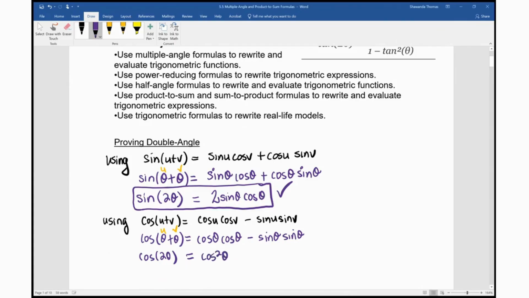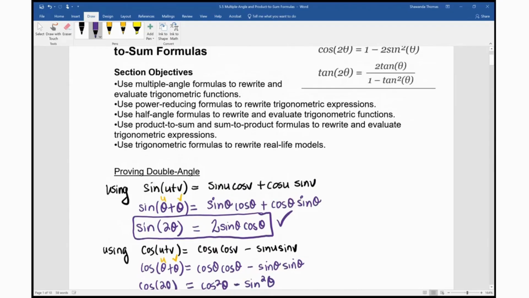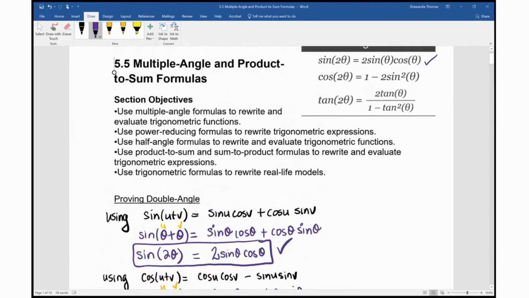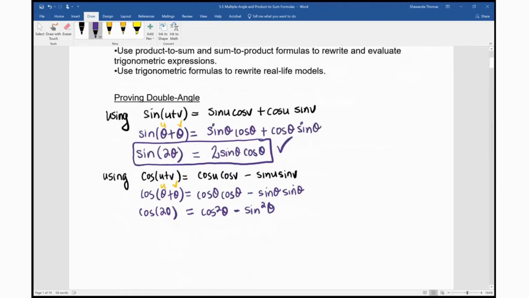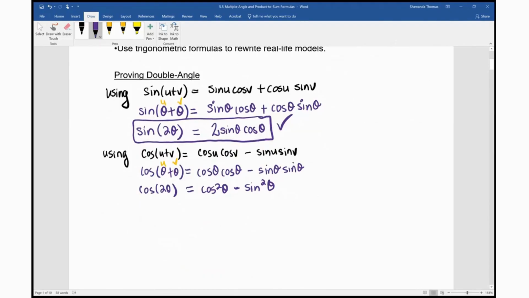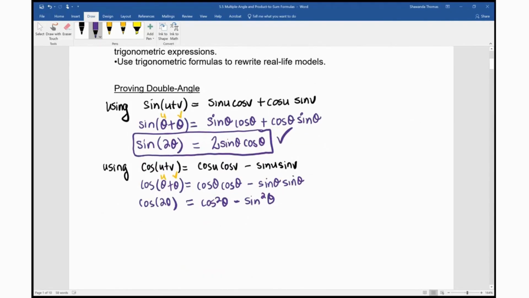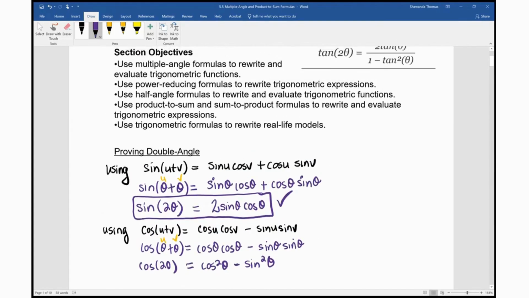And likewise, sine theta times sine theta would be sine squared theta. We're not quite there yet. Notice that if we go up to the top, the identity is 1 minus 2 sine squared theta. So what formula, one of my favorites, do you think we're going to have to use to get it to look exactly like that?